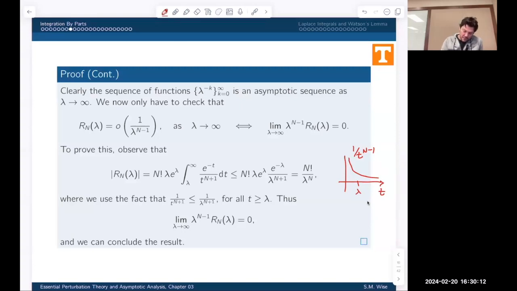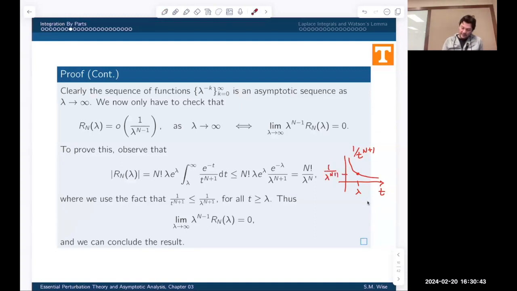I was confusing this power here with this power. Either way, they're decreasing functions. So this function for t greater than lambda is less than this value. So that value there is what? That value is 1 over lambda to the n plus 1.